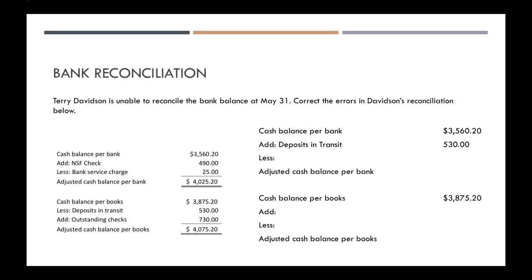You can even think about it as you just recorded it in the ledger and you're currently on the way to the bank. That deposit is in transit, right? You know about that $530. The bank doesn't know about it yet. So once the bank finds out about it, it's going to be added to your bank balance.